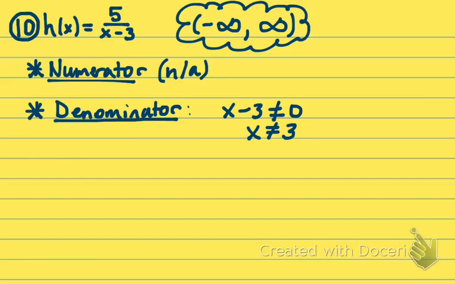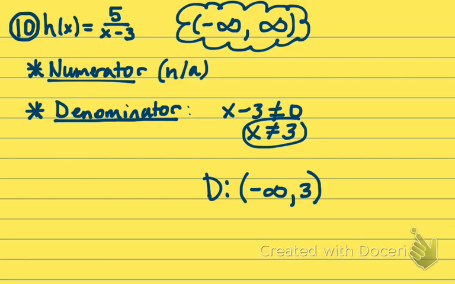Well, that is the only restriction in this problem, so that means that x not equal 3 is our only restriction on our domain. So we write a big capital D, and then we start with negative infinity, and we go to 3. And now, remember, when you get to the point where you're excluding a number or creating a break in your domain, you have to account for whether or not the number that you're stopping at is included. And here, it's excluded by the fact that we know it can't be 3, so you put a parenthesis.